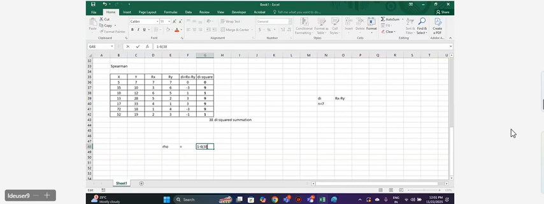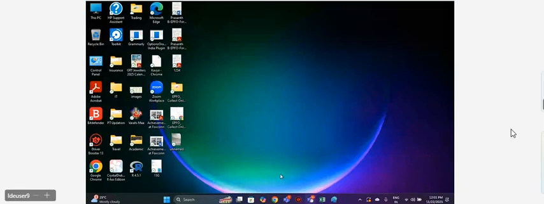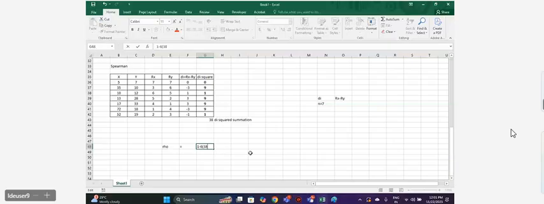So 1 minus 6 times the summation of di square, divided by n cube minus n. Di square summation is 38, so this will be 6 into 38.